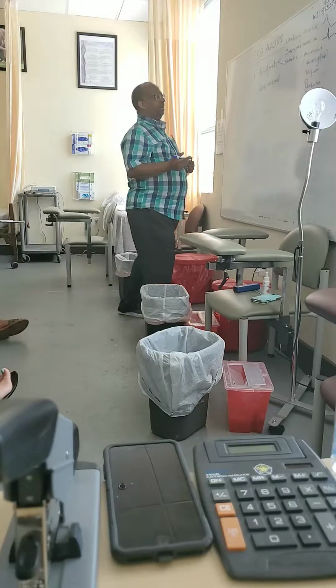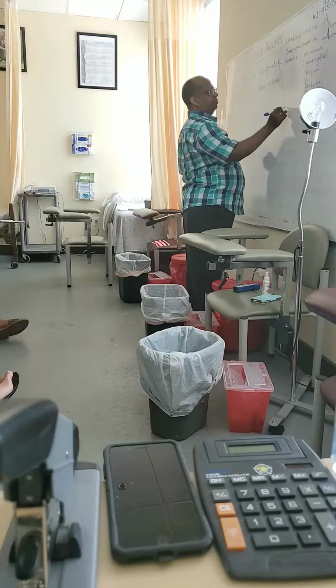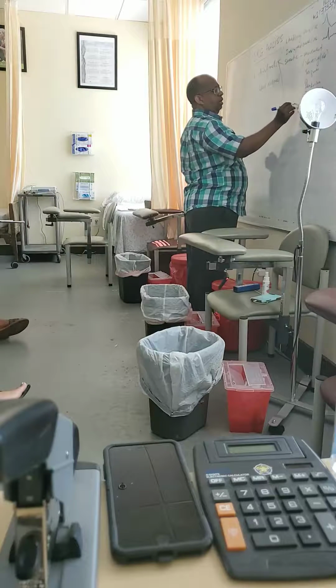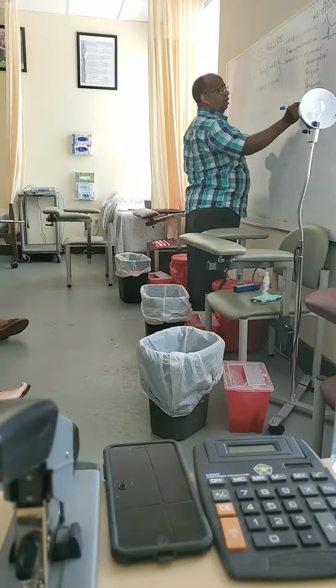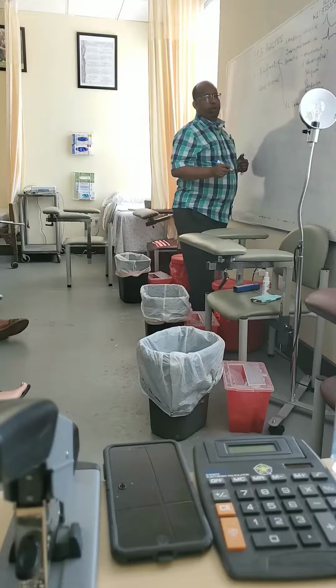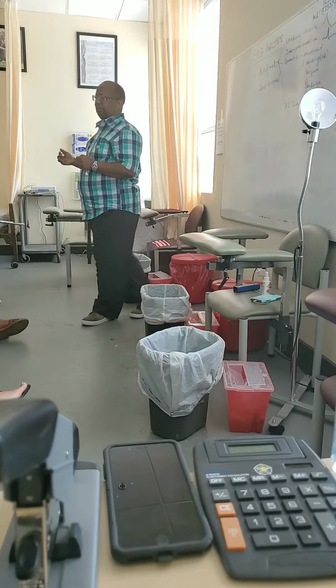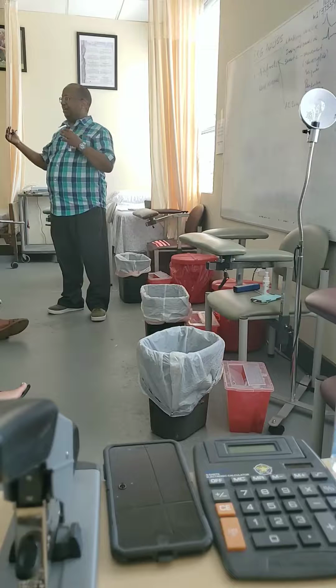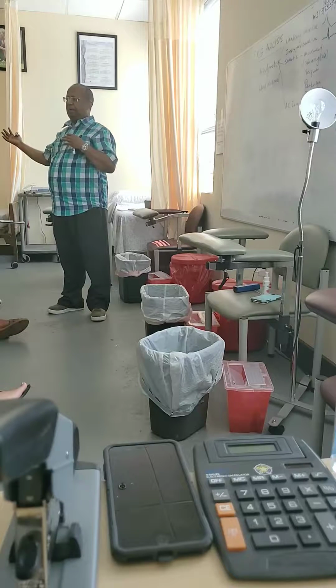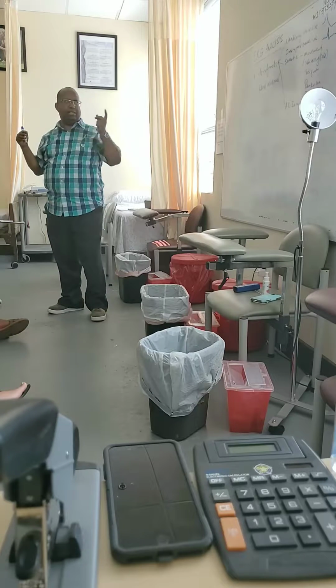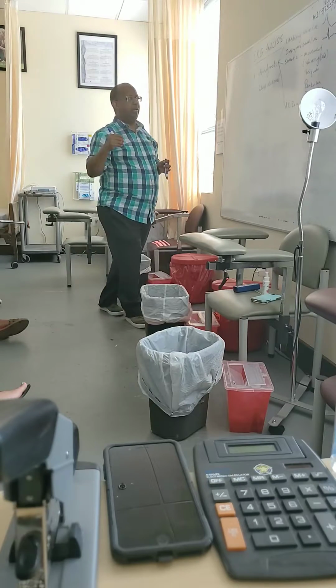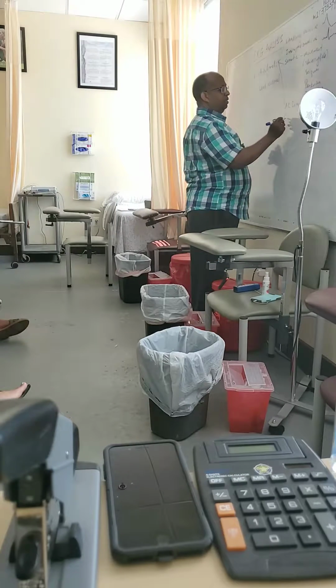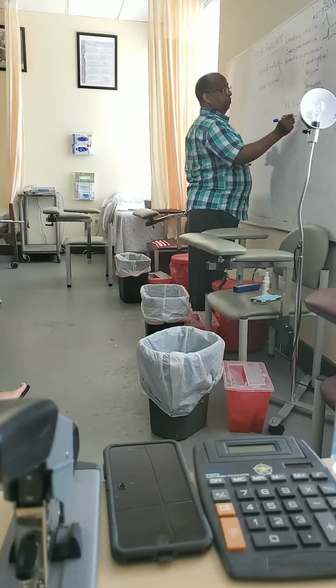And the last one is what we call AC interference. Usually this is when you have some electrical equipment plugged into the walls, it can interfere with the machine. AC means alternating current. An important example is a cell phone.